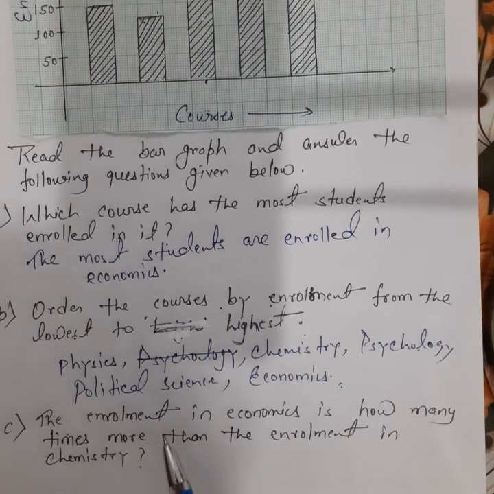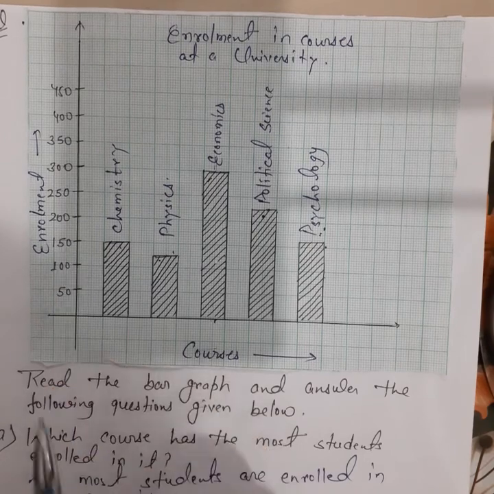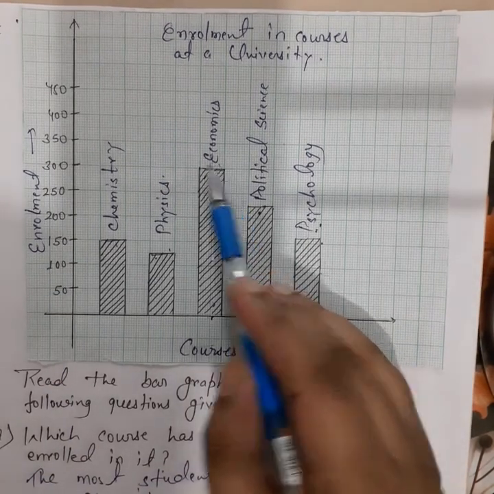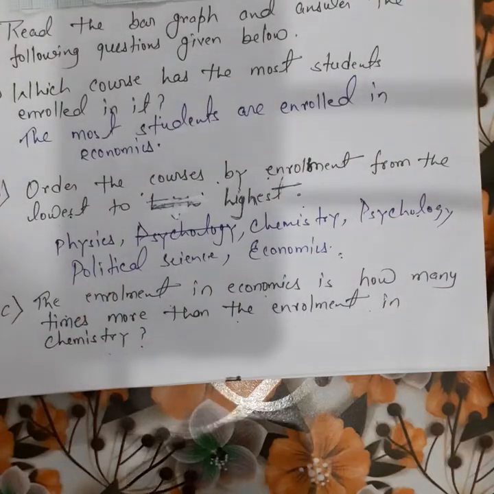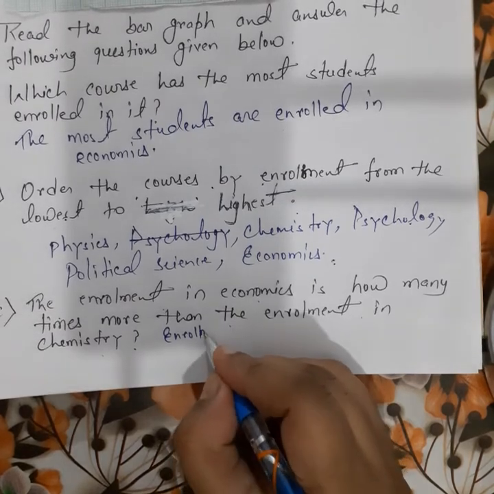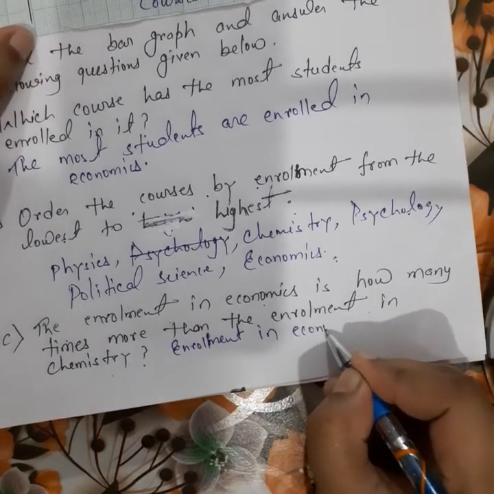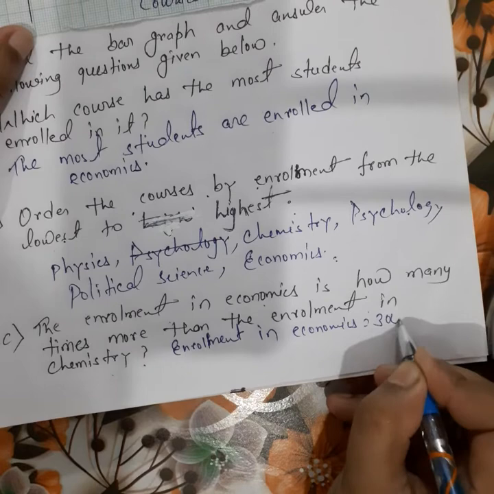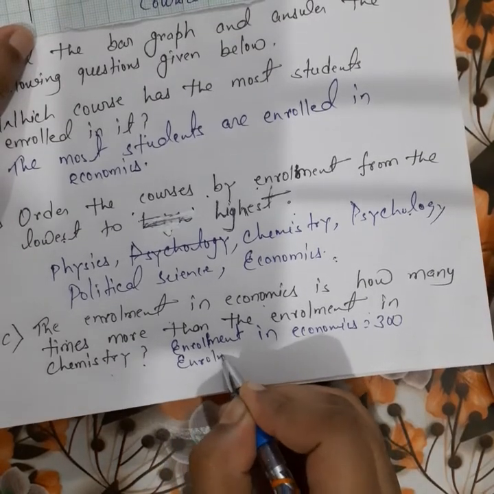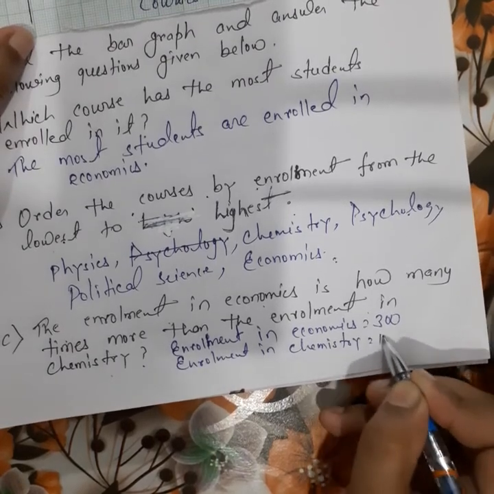Now the next question is, the enrollment in economics is how many times more than the enrollment in chemistry? So first we find how many enrollments in chemistry: 150. How many enrollments in economics? That is 300. So first we write, enrollment in economics is equal to 300. Enrollment in chemistry is equal to 150.